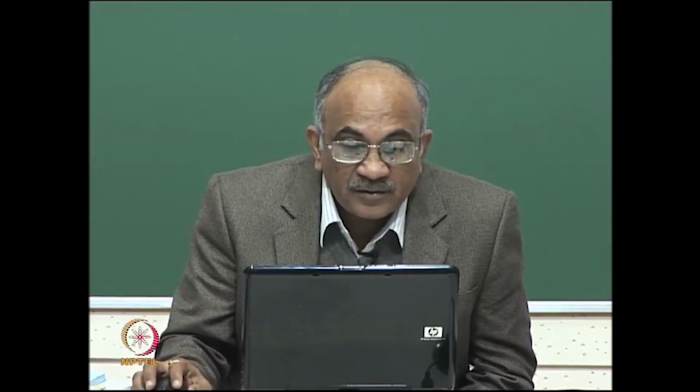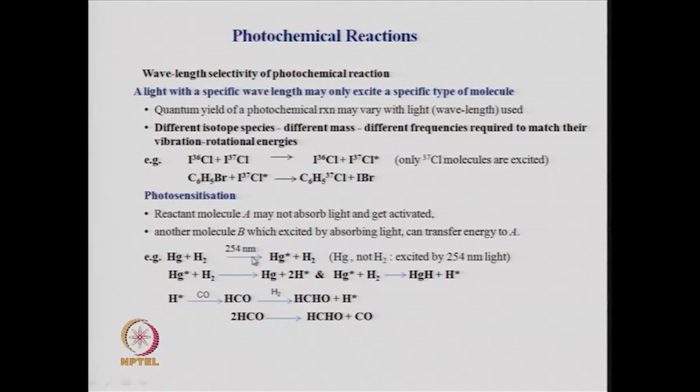But if you have this 254 nanometer light and you do this reaction, then only mercury gets excited, the hydrogen does not get excited, but this excited mercury then reacts with hydrogen, and then you get the splitting of the hydrogen molecule. So, mercury here is acting as the photosensitizer.